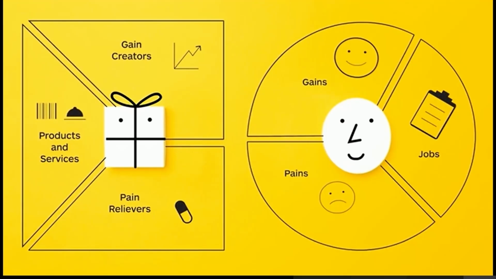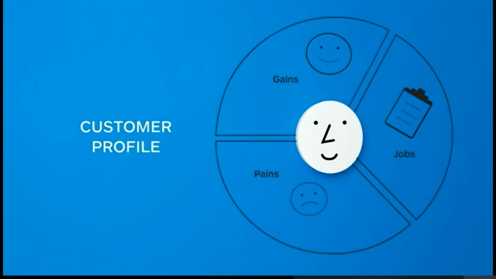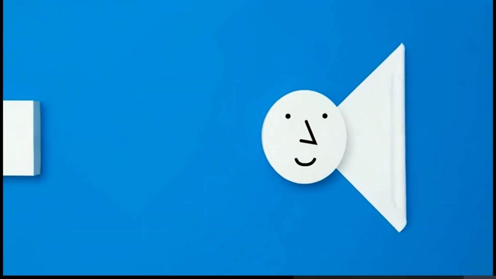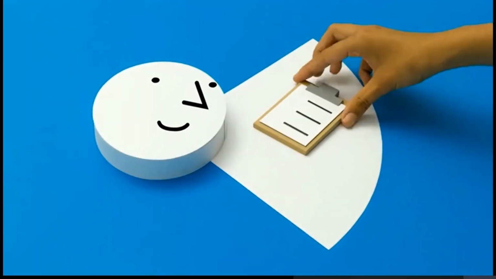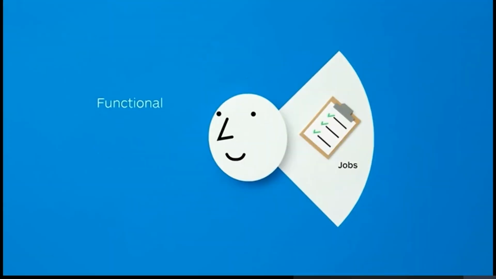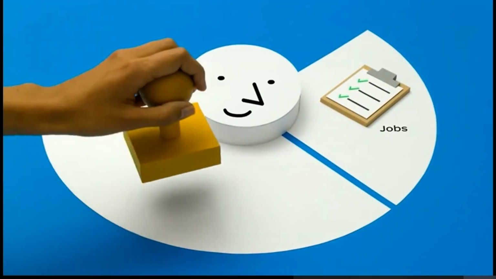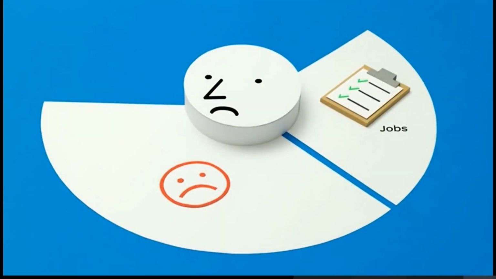The Value Proposition Canvas is composed of 2 parts, the customer profile and the value map. With the customer profile, you describe the jobs your customers try to get done. Jobs can be functional, like getting from A to B, social, like impressing friends and colleagues, or emotional, like gaining peace of mind. You highlight your customers' pains, which annoy customers while trying to get a job done.